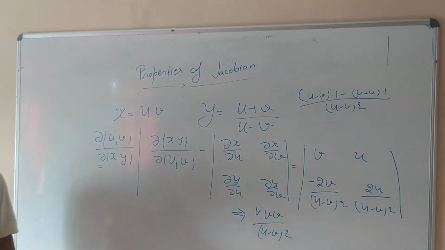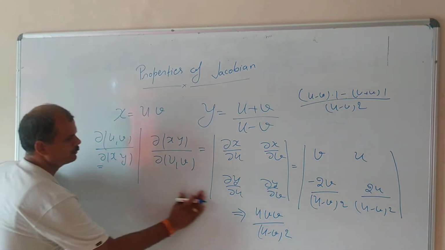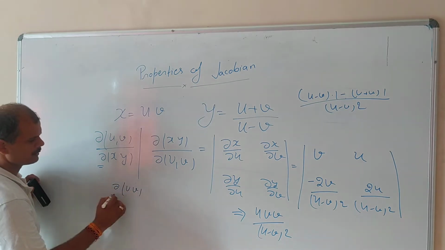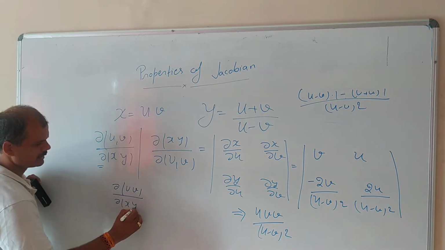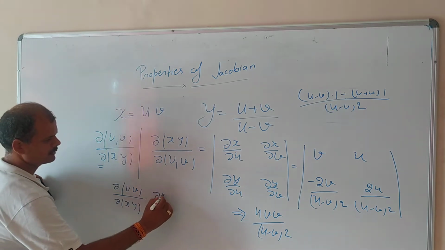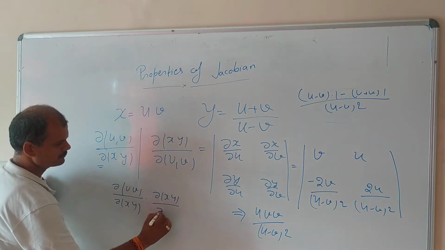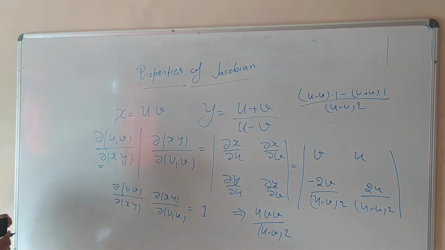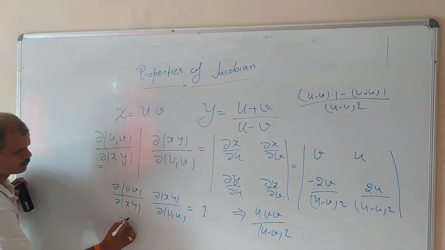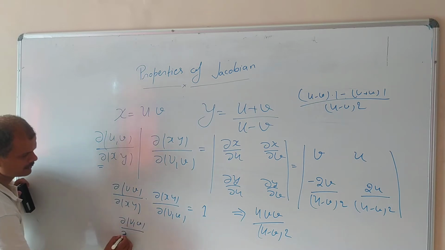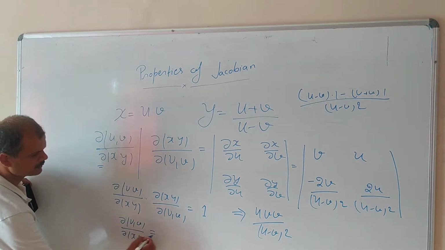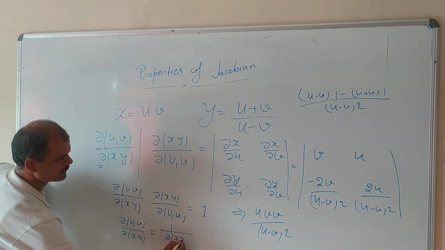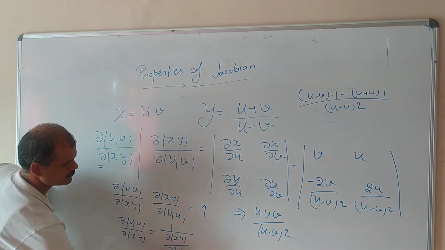Fine. Okay. Now our question was Jacobian of u comma v with respect to x comma y. So this will be, since Jacobian of x, y with respect to u, v into the other equals 1 using the Jacobian property, Jacobian of u comma v with respect to x, y will be 1 upon Jacobian of x, y with respect to u comma v.